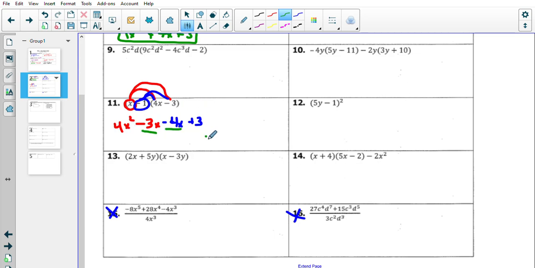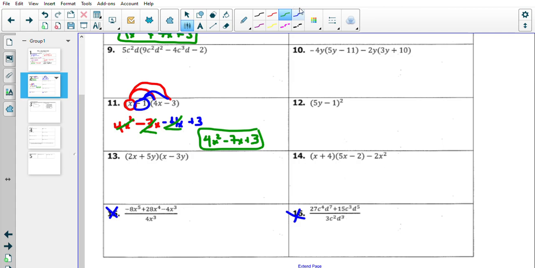So the 4x squared is going to stay the same. Then the negative 3x minus 4x combine to make a negative 7x. And this positive 3 is going to stay.